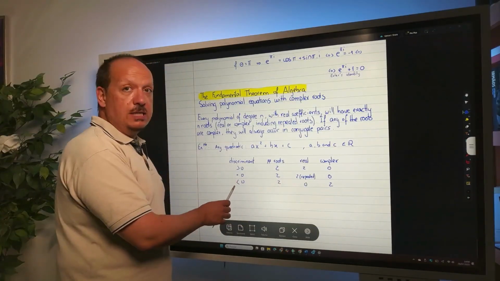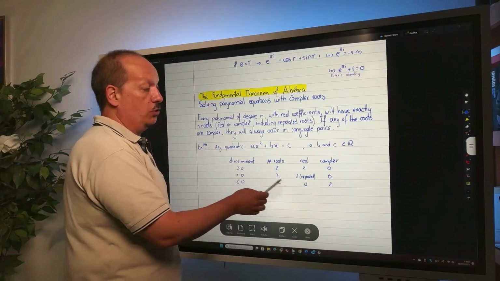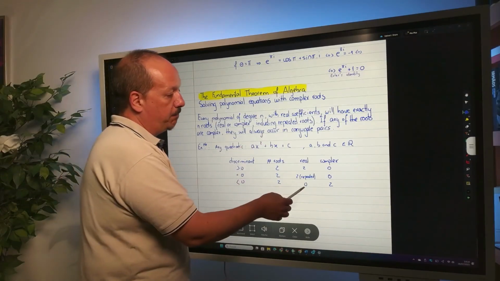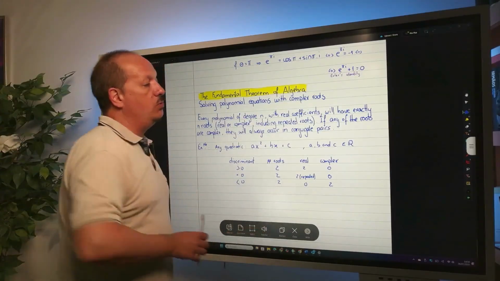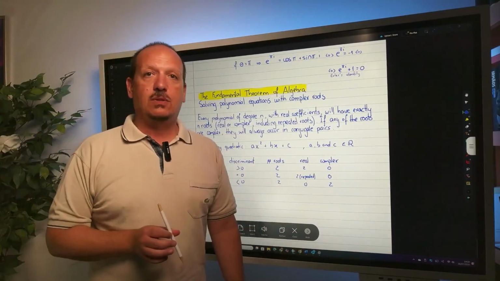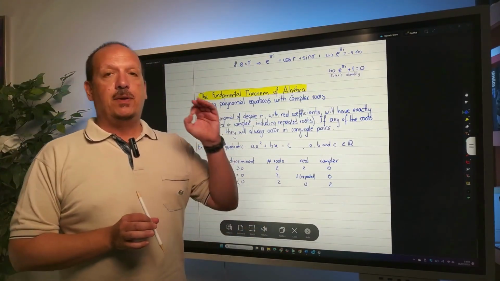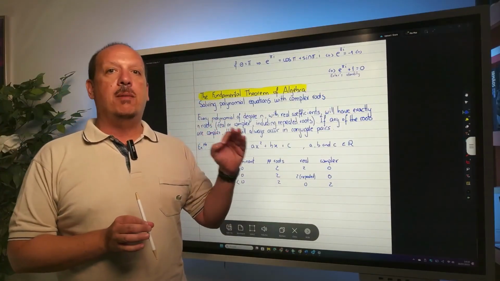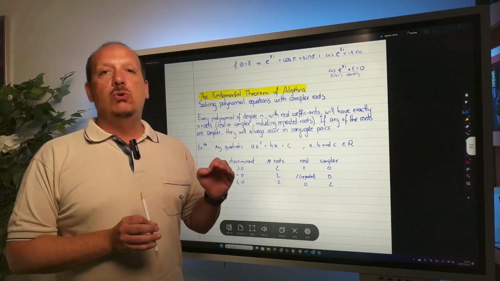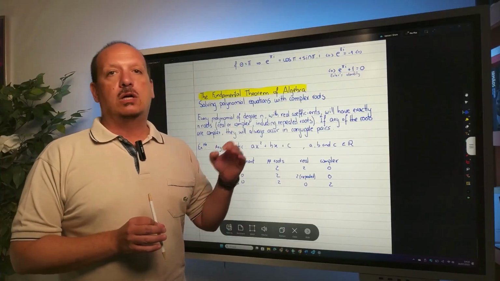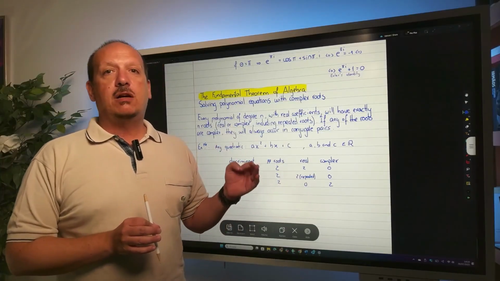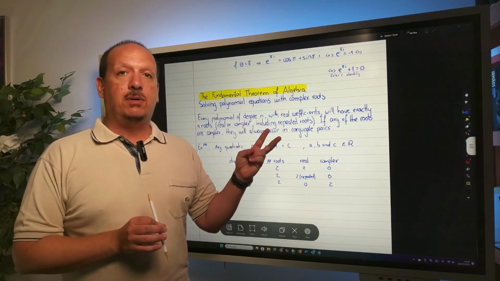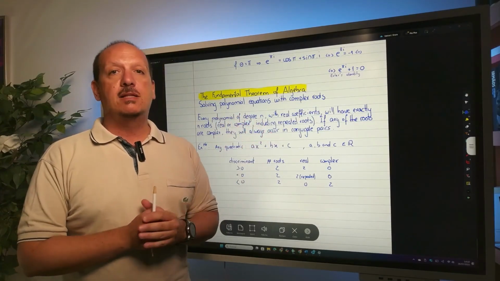If the discriminant is negative, then you still have 2 roots, according to the theorem, but none of them is real and 2 are complex. Okay? So the key idea, the degree of the polynomial corresponds to the number of roots. Roots may be real or complex. If they are complex, they come in pairs, in which the pair is a complex number and its complex conjugate.